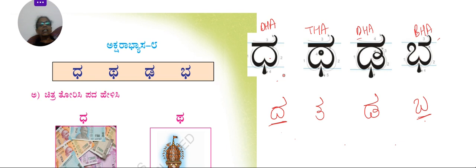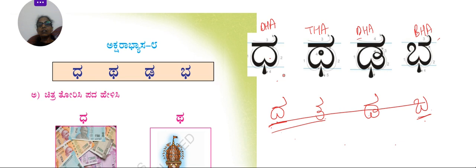All these alphabets are called Mahaprana because you have to breathe a little harder while pronouncing them. And the alphabets written down here, Ta, Da, Ba, are called Alpa Prana because we don't stress and breathe hard while pronouncing them.